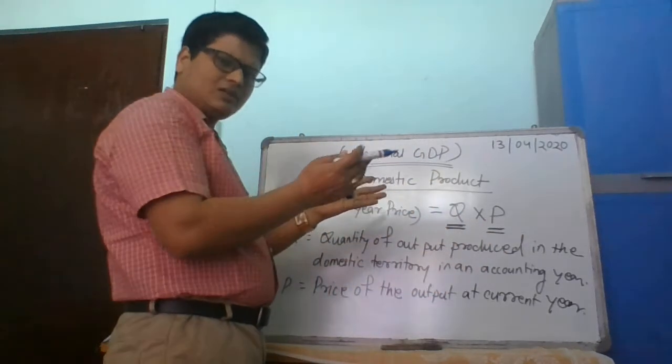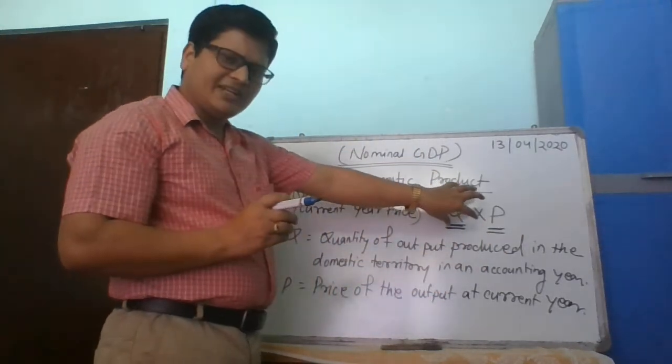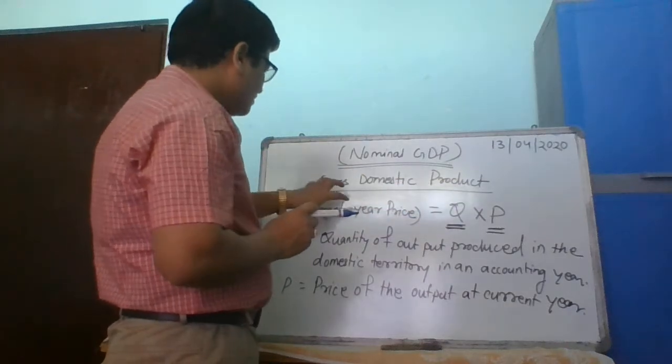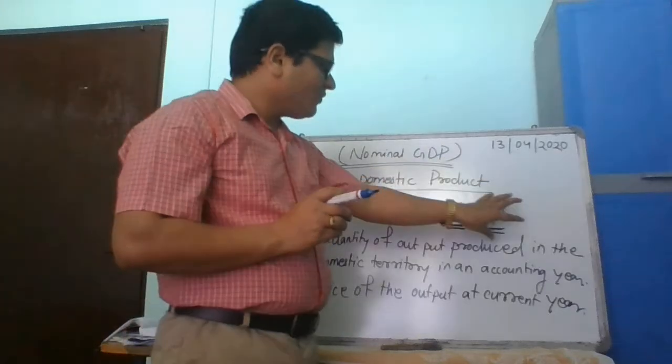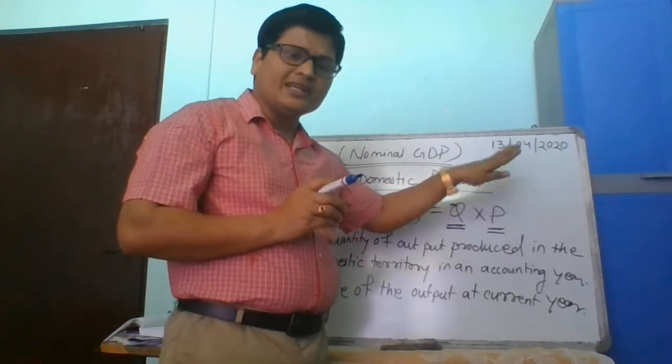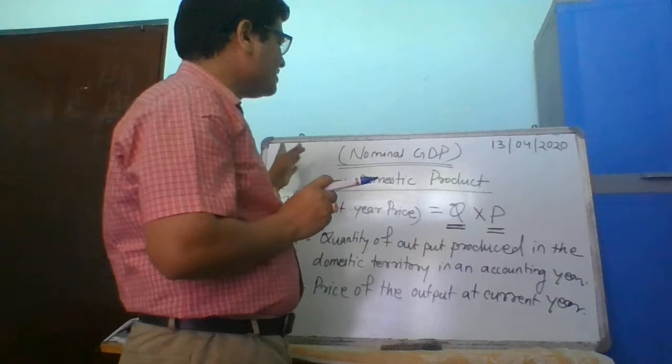Both are changeable. If output increases, then nominal GDP increases. If price of the commodity increases, then nominal GDP increases.